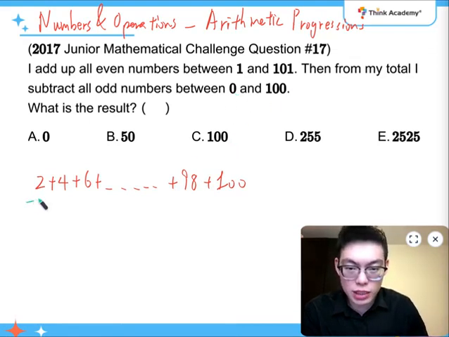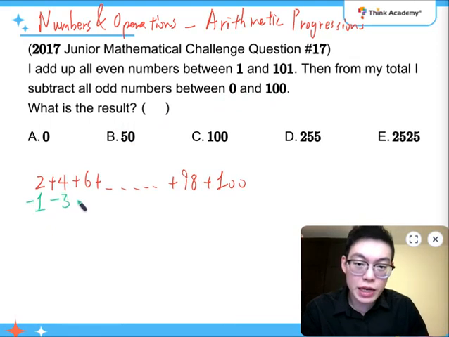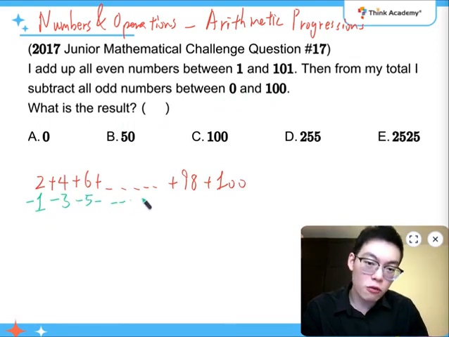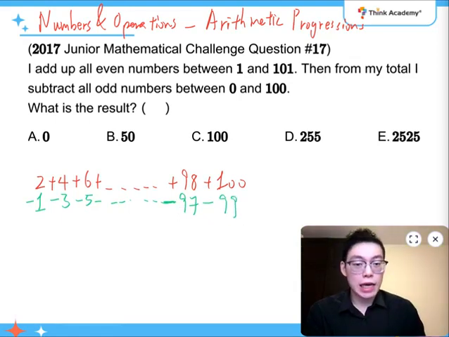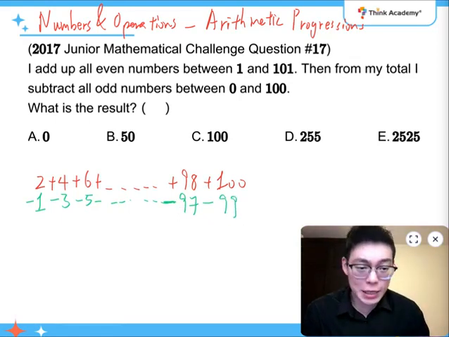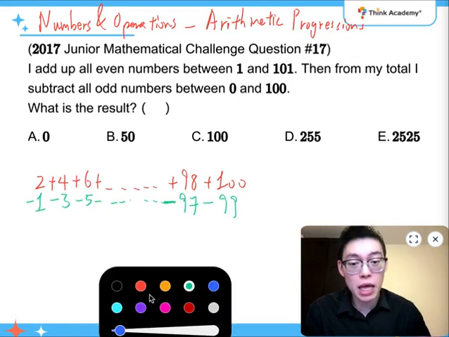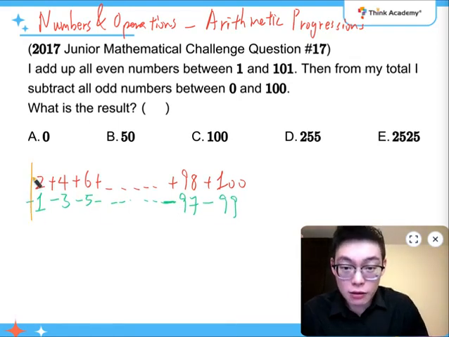So I'm subtracting 1, subtracting 3, subtracting 5, all the way until I'm subtracting 97. I'm subtracting 99. So you can see that each number I subtract is one less than the corresponding term I add, right?